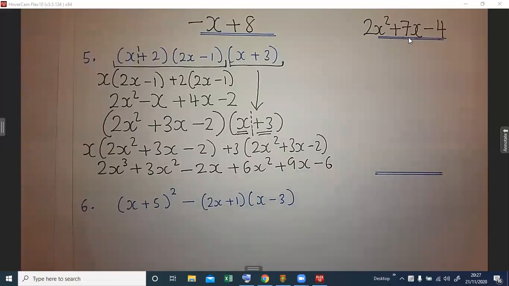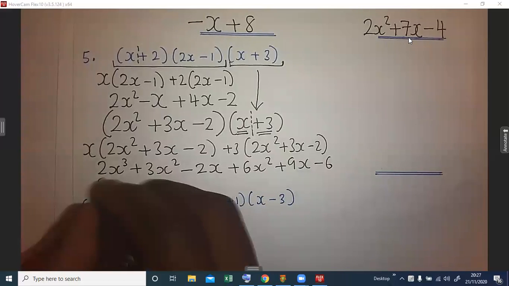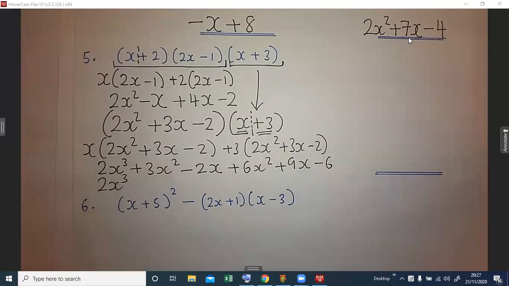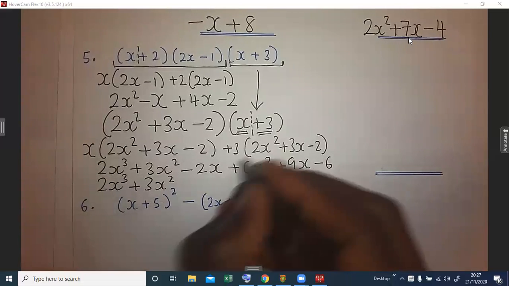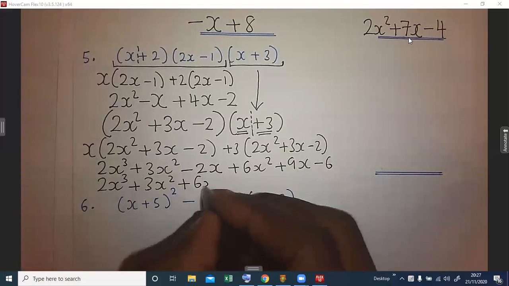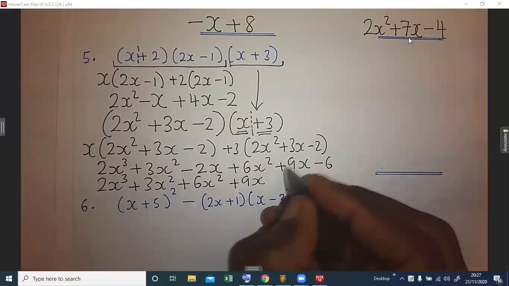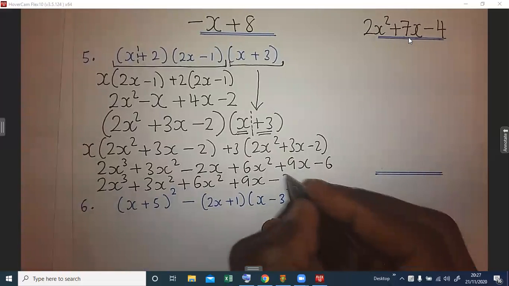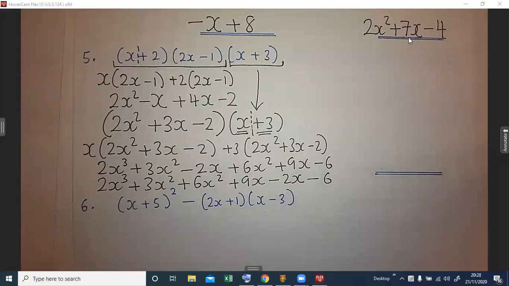Okay, so here we collect like terms again. 2x cubed is alone, plus 3x squared, and we have another one, plus 6x squared. Then we have plus 9x, and then we have minus 2x, and we have minus 6.